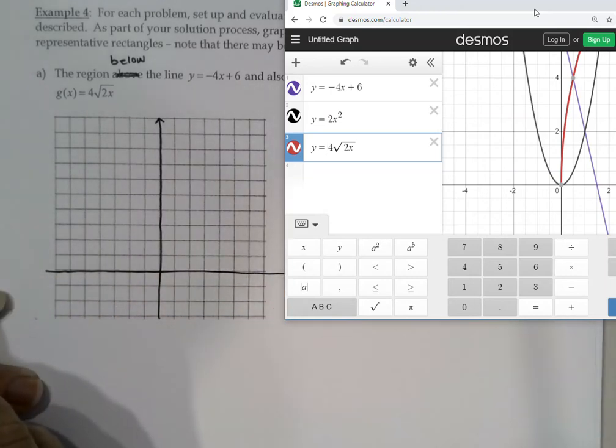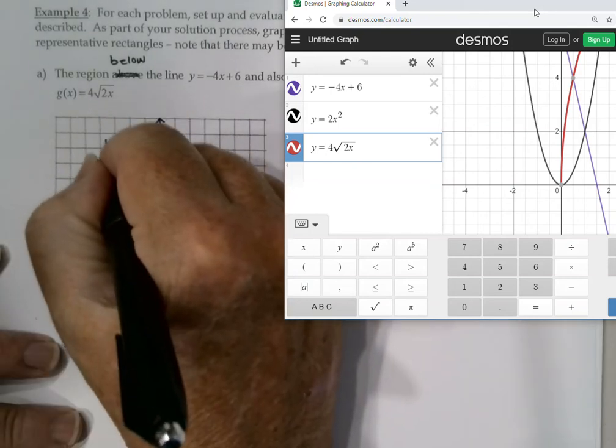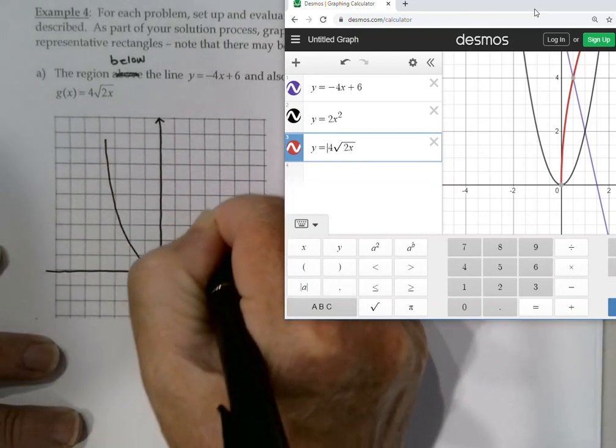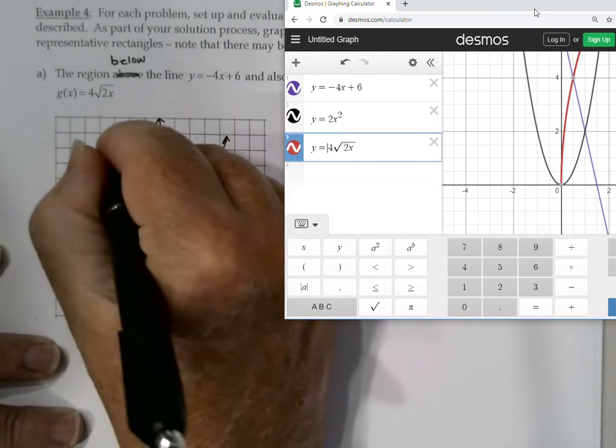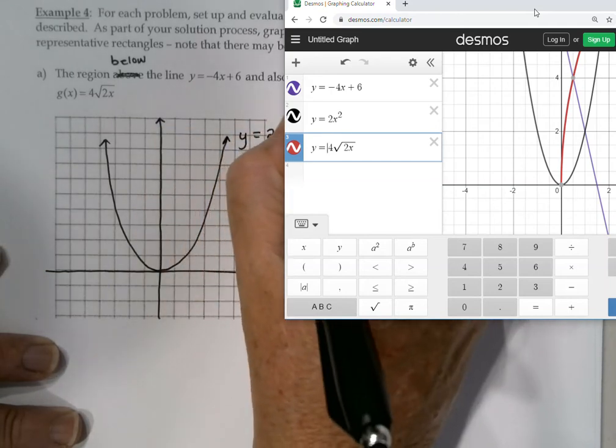I'm not going to worry too much about getting things perfect as far as lining up my units or my sizes. I'm just going to get the general feel for this, and then I'll label the points. So here's y equals 2x squared.